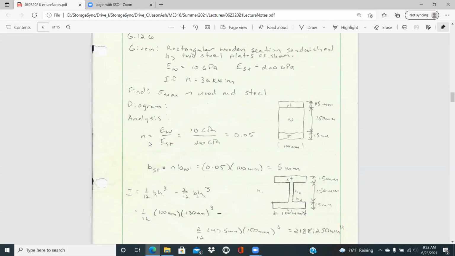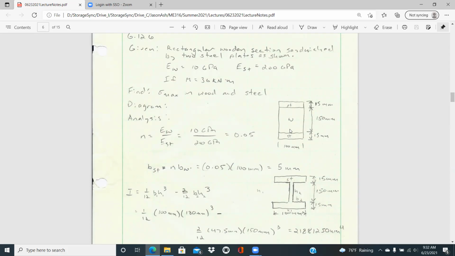And so what I did was just calculate an N of the E of the wood over the E of the steel. 10 over 200 will give you 0.05. And so the width of the steel, if it were wood there, would be N times B_W, 0.05 times 100 millimeters.